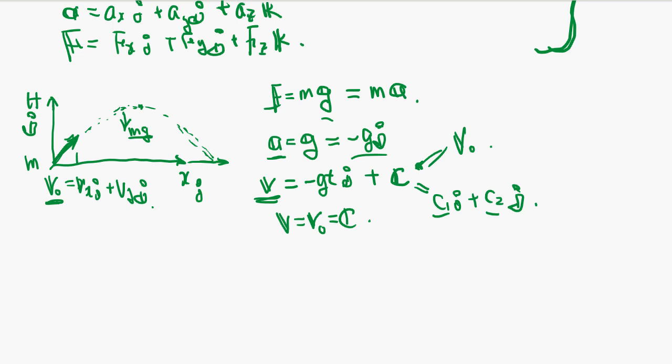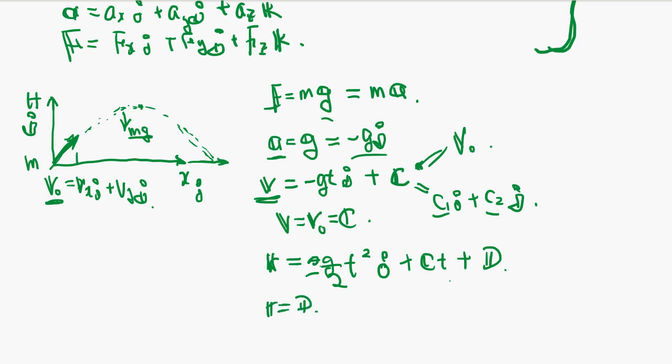Okay, now we get the velocity. So let's get the location vector. The location vector is going to be, you take integration again, negative g over 2 t squared j, right? Plus c t plus another constant d. And d again decides where the initial position is. When t is 0, the initial position is d.